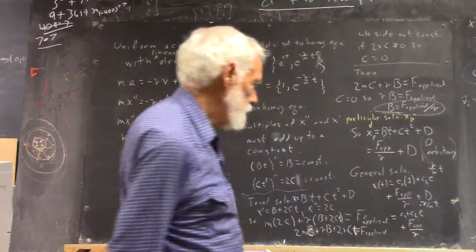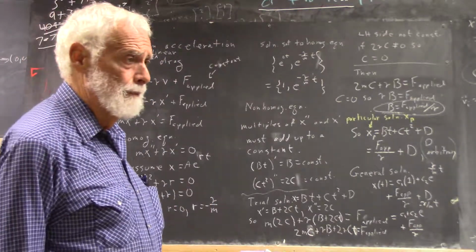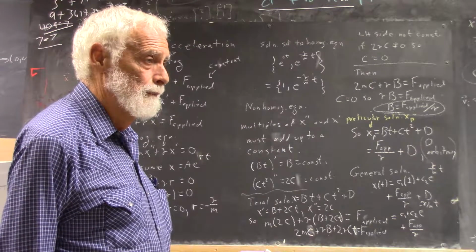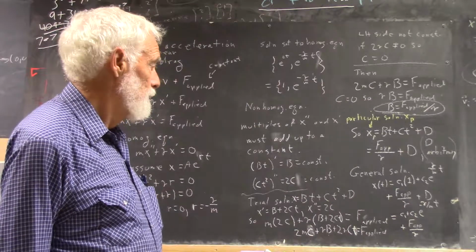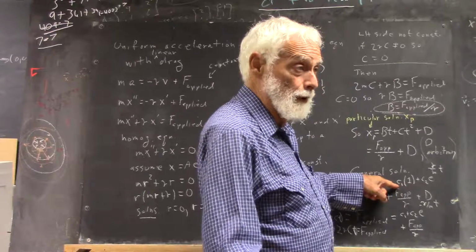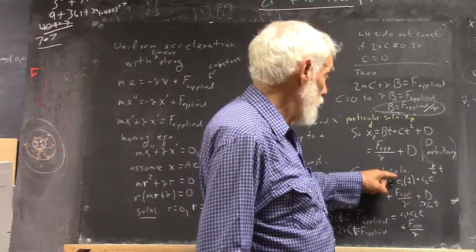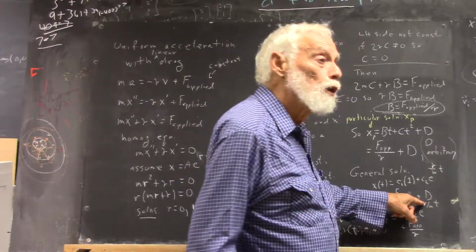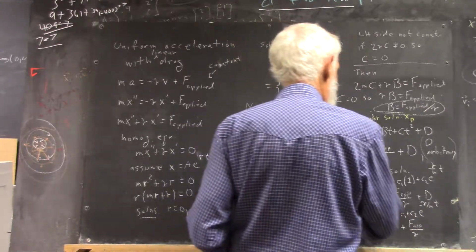There, I got a loop. Okay? Why didn't I write D? Well, C1's constant. You don't know what it is. It could be anything. So it's D's constant. You don't know what it is. It could be anything. So when you add them, you still don't know what it is. It could be anything. In other words, your constants absorb one another. Okay? So there's your general solution.